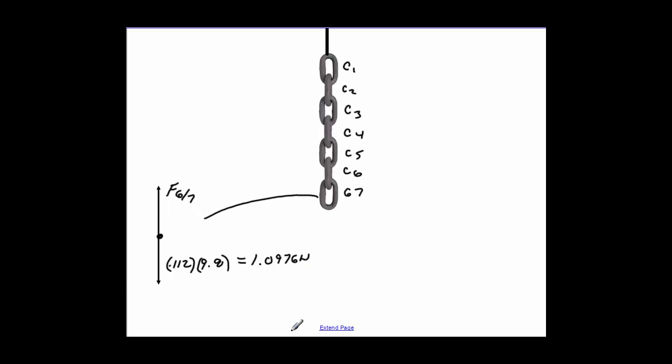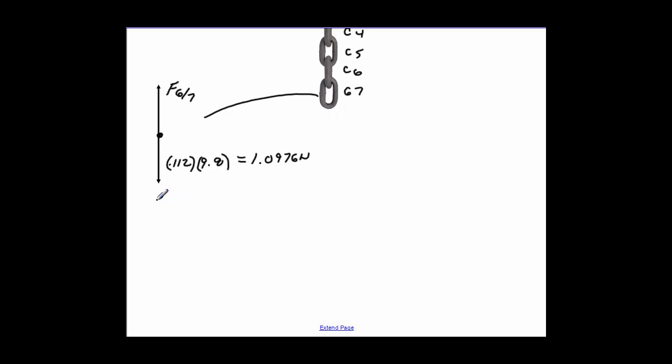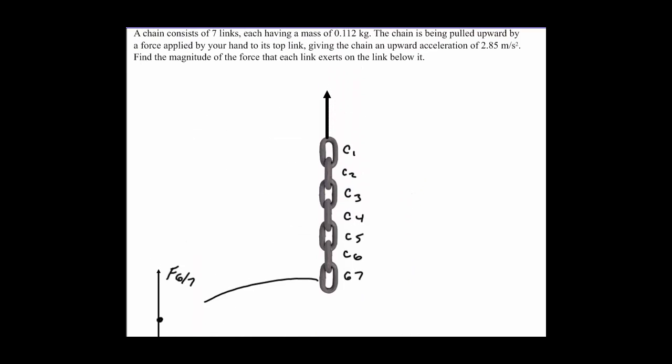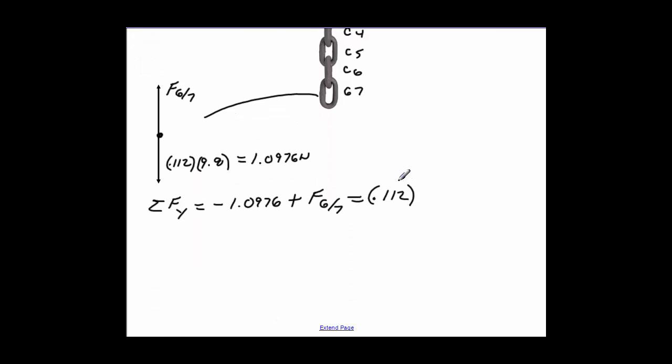Okay, and now we just apply Newton's second law, the summation of forces is equal to mass times acceleration. In this case, we get negative 1.0976 plus F of 6 over 7 is equal to the mass 0.112 times the acceleration, and we were given the acceleration here as 2.85.